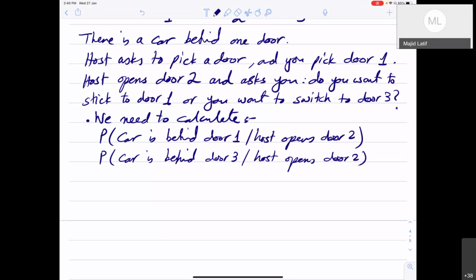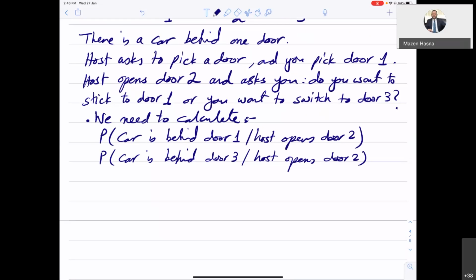Sorry, just to re-clarify, there are 3 doors, and one of them has a car behind it. He will ask you to choose one door. You pick, for example, 1. So then he goes and opens one of the doors that does not have the car behind it, either 2 or 3.